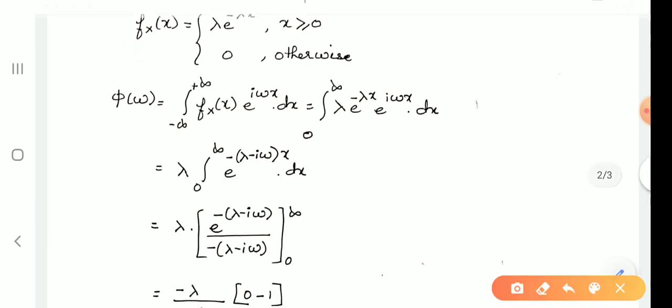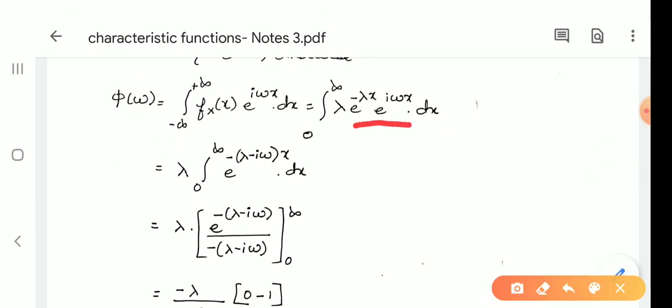As in the previous problem, bases are same. If we add the powers and take the negative sign outside, we get lambda into integral 0 to infinity e to the power minus of lambda minus i omega x dx. Let us integrate this. When we integrate, lambda is a constant outside.